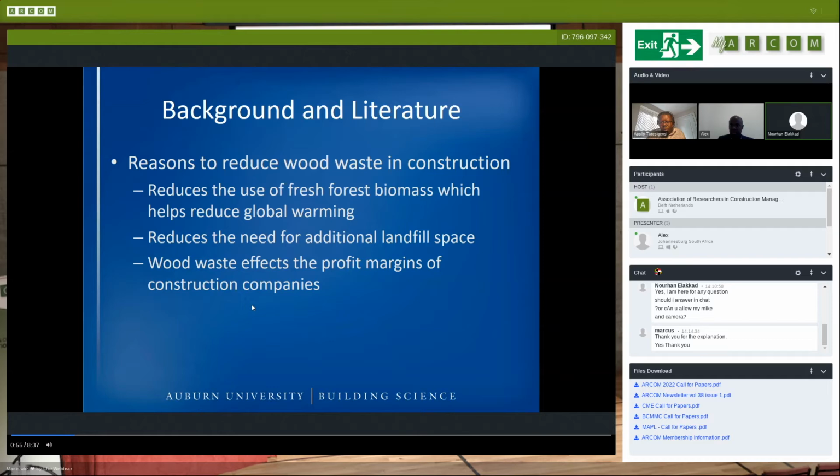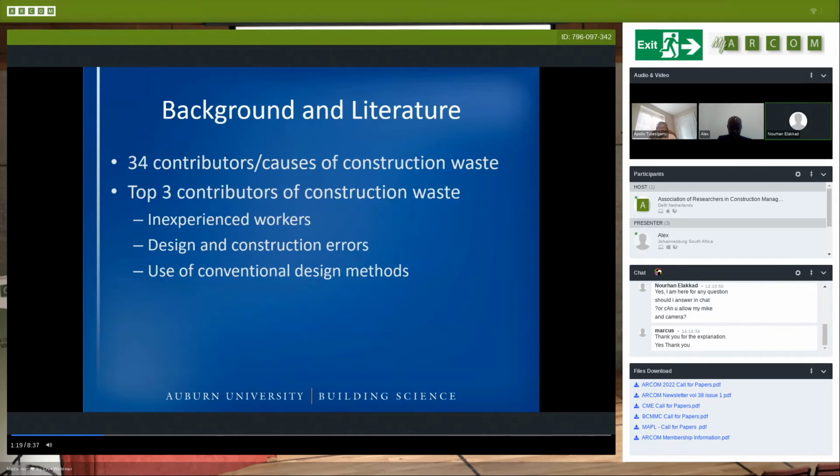The reasons to reduce wood waste in construction are pretty obvious. Number one, it reduces the use of fresh forest biomass, which in turn helps reduce global warming. It reduces the need for additional landfill space. And wood waste also affects the profit margin of construction companies and ultimately the cost to owners.